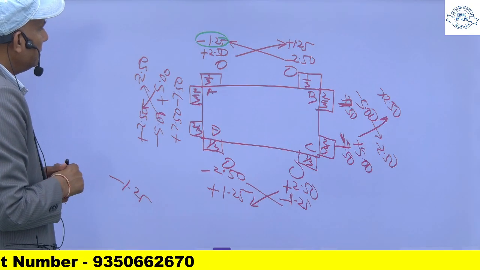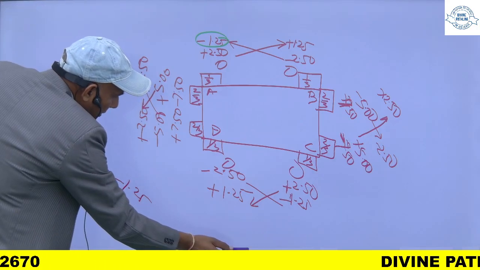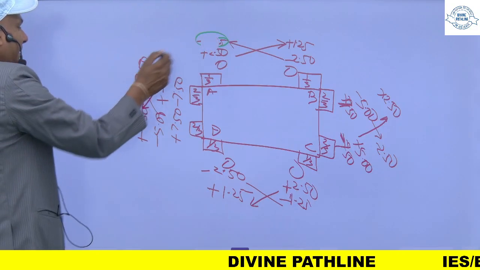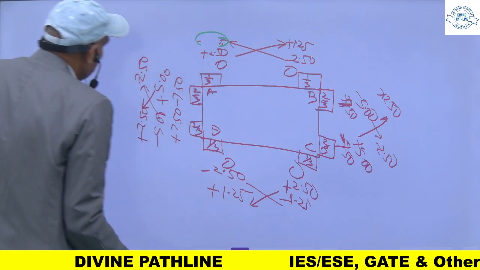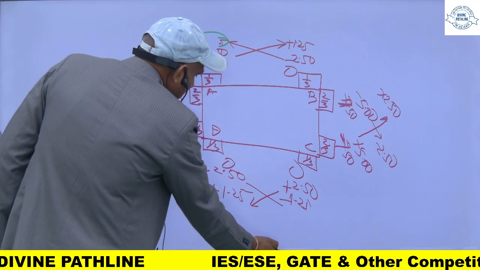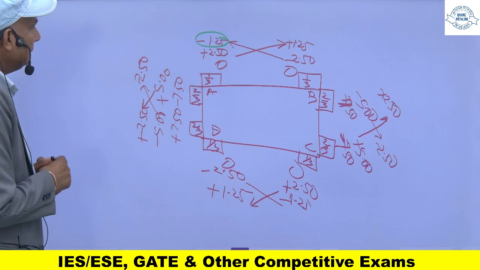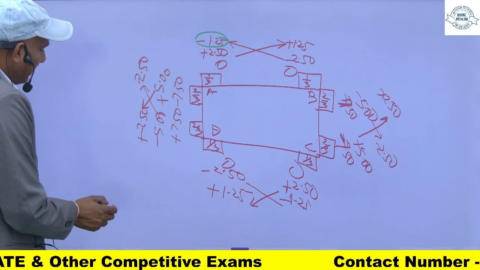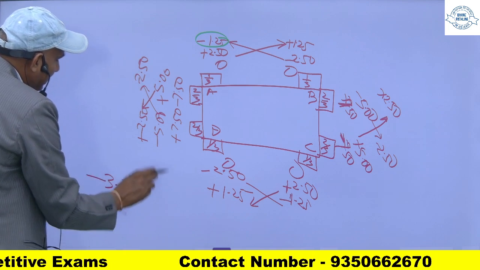This will be the total extra moment, here will be this and this one. So, this is minus 2.50 and minus 1.25. So the total is minus 3.75. Minus 3.75 is extra now.